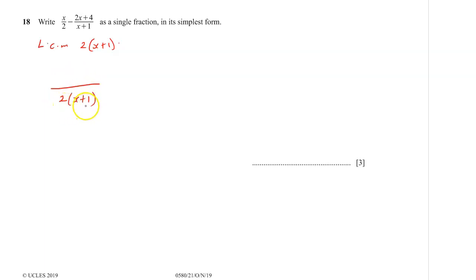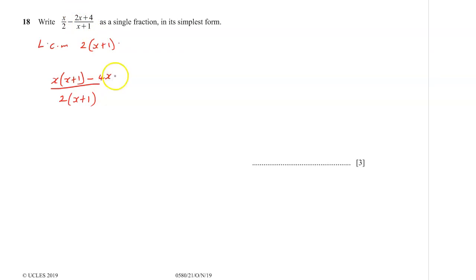So 2x plus 1 divided by 2, you get x plus 1 times x. So it will be x multiplied by x plus 1, minus 2 into x plus 1 divided by x plus 1 gives you 2.